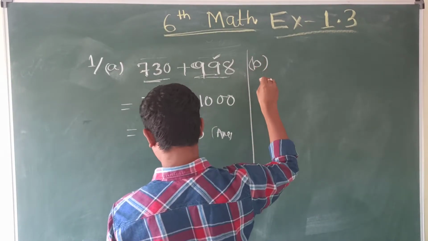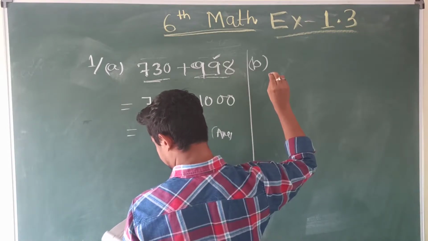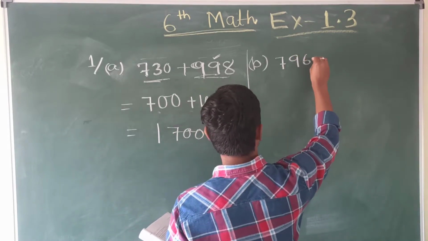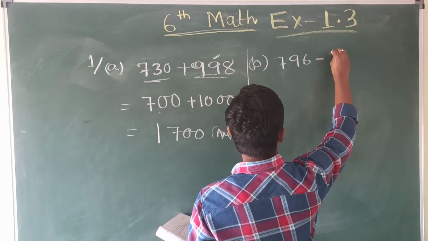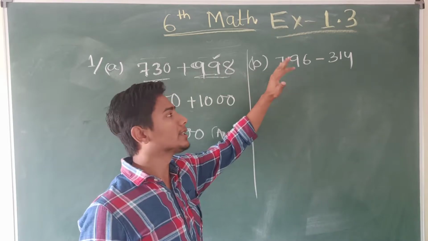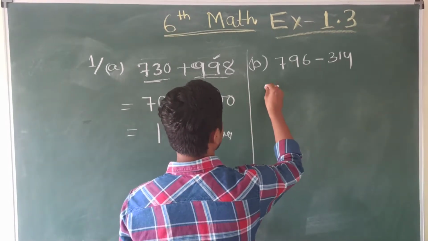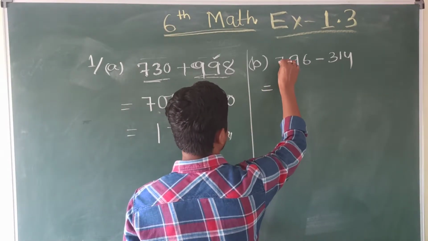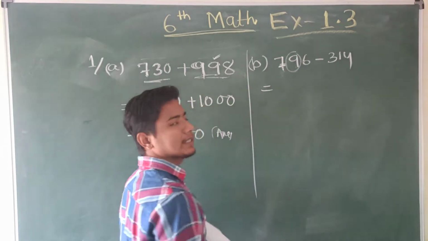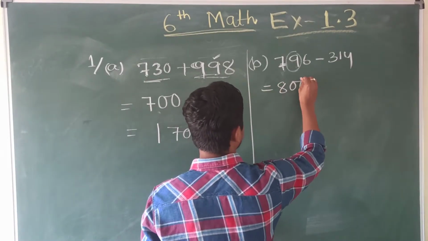Now I solve 1b. What is the question? 796 minus 314. Same thing, both are three-digit numbers, so you round the numbers to the 100 place. So now rounding. Here 7 is written, and after that 9 is there. 9 is in the second group, so you add 1 here, meaning 800.